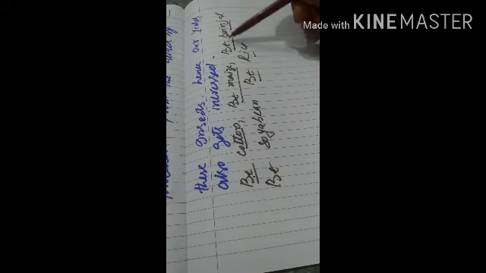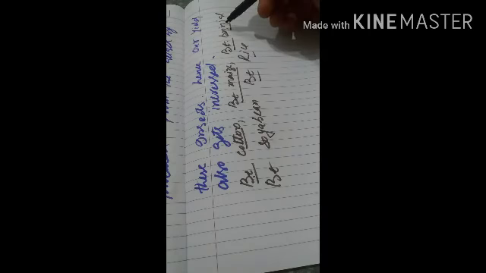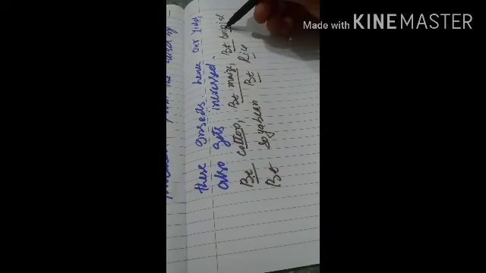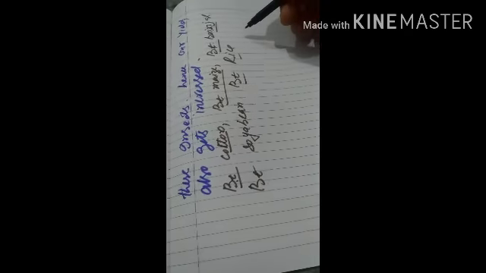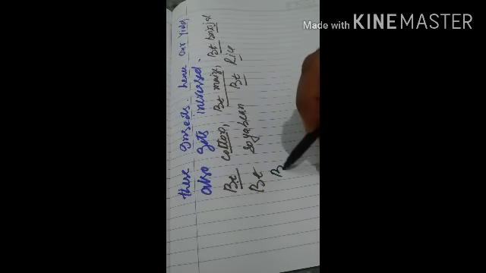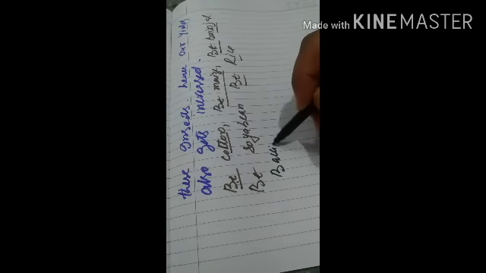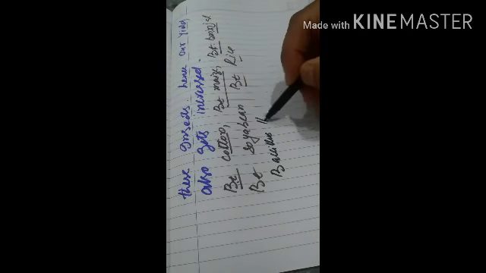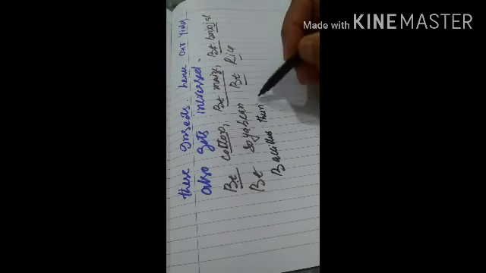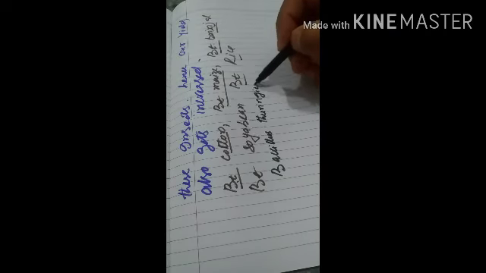In front of brinjal, Bt is here. What does this Bt mean? Bt means that this brinjal has got a gene from the bacterium known as Bacillus thuringiensis.